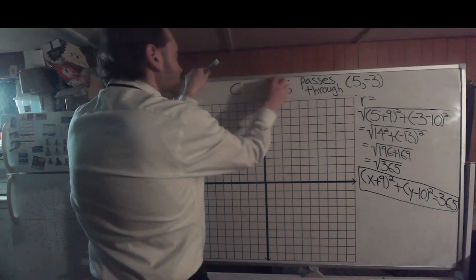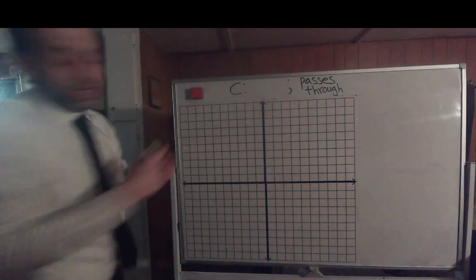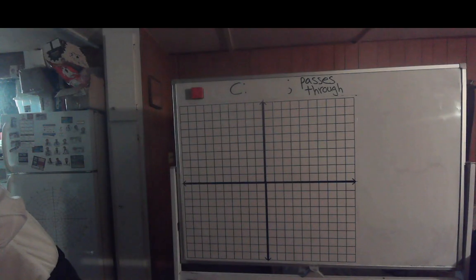All right. Let's do a few more examples of these types, and then we'll be done with the lesson. It's going to pass through -6, 4.